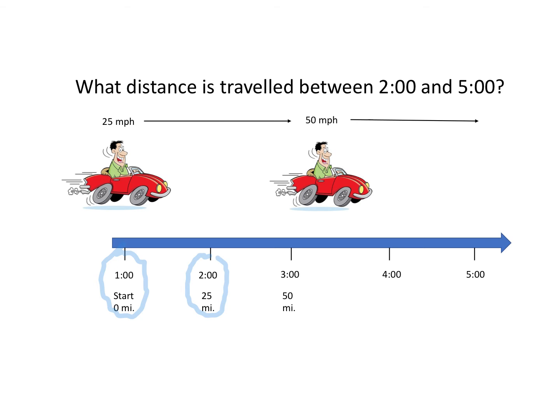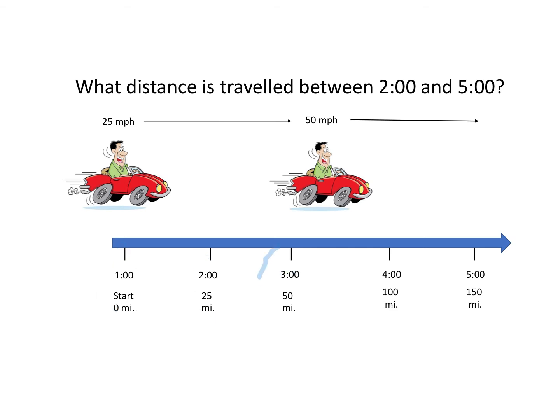And then if he continued on until 3 o'clock, that's another hour at 25 miles per hour. So at 3 o'clock, he would have traveled 50 miles since his start at 1 o'clock. So at 1 o'clock, he was 0. At 2 o'clock, he had traveled 25 miles. And at 3 o'clock, he had traveled 50 miles because he was going at a constant speed of 25 miles per hour.